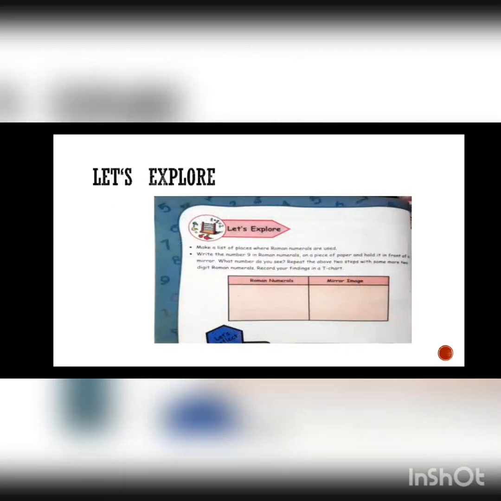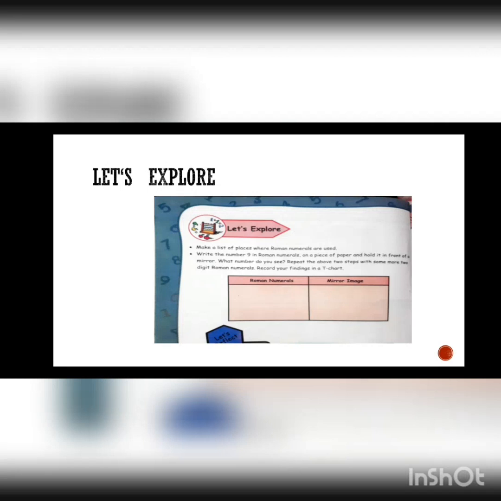Students, let's explore. Make a list of places where Roman numerals are used. And next, write the number 9 in Roman numerals on a piece of paper and hold it in front of a mirror.